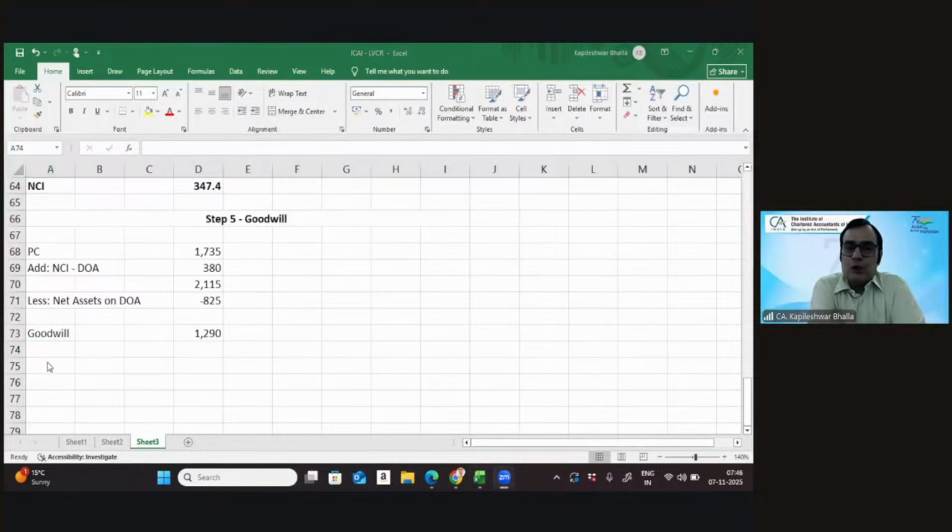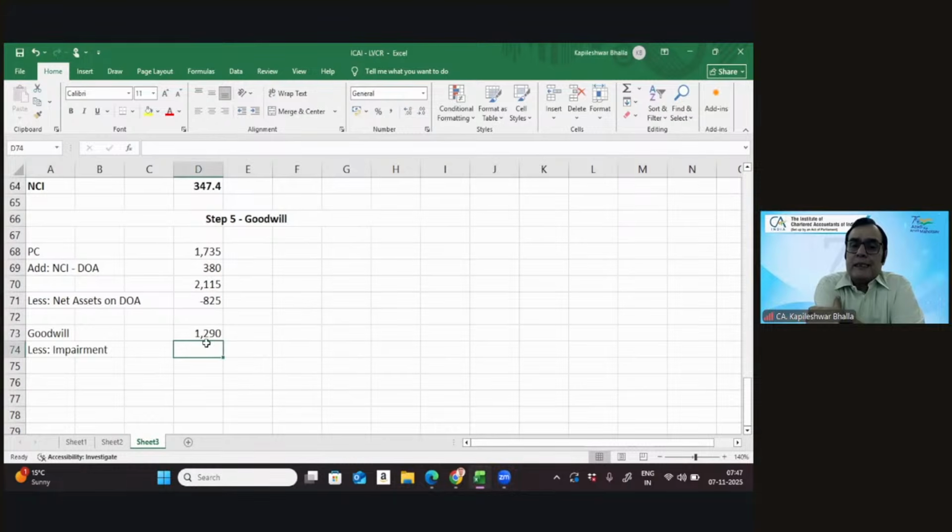Wonderful indeed. Goodwill impairment is to be taken. And are you going to reduce the entire impairment, or are you going to consider 80%? Because that is also one of the most common mistakes people tend to do, that when they're calculating the impairment loss, in this particular case, they'll end up considering 80%, and that's wrong. Yes, you're absolutely correct.